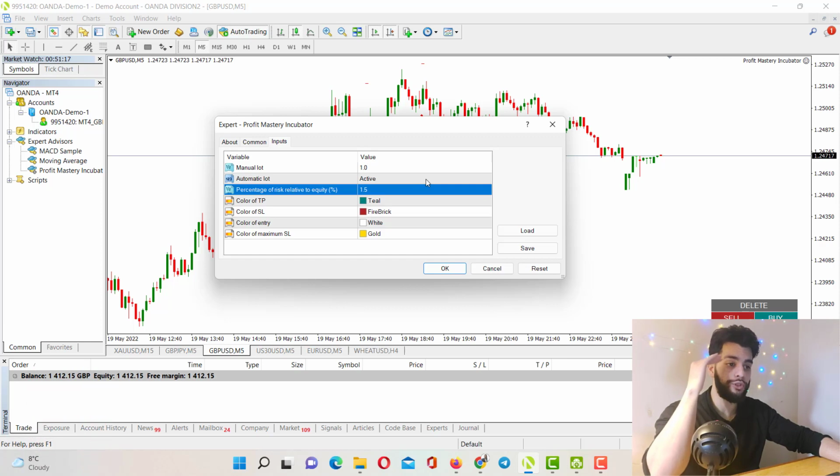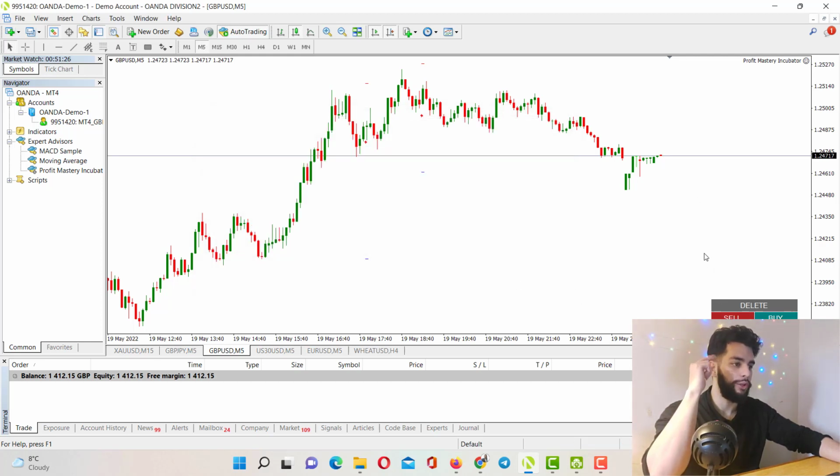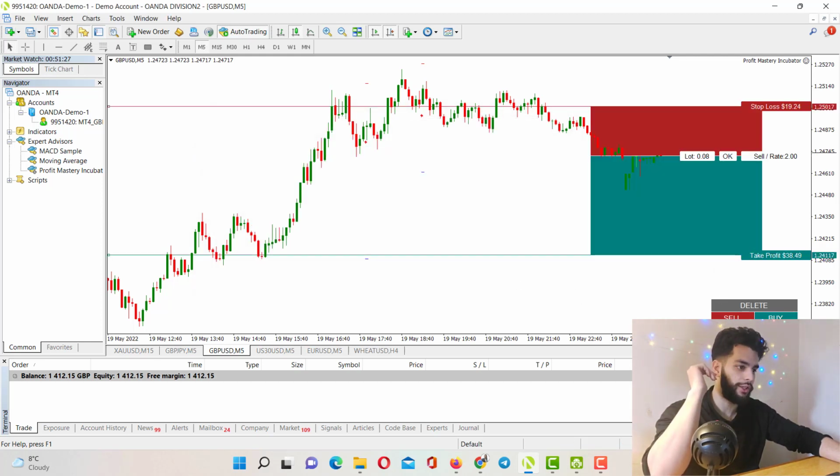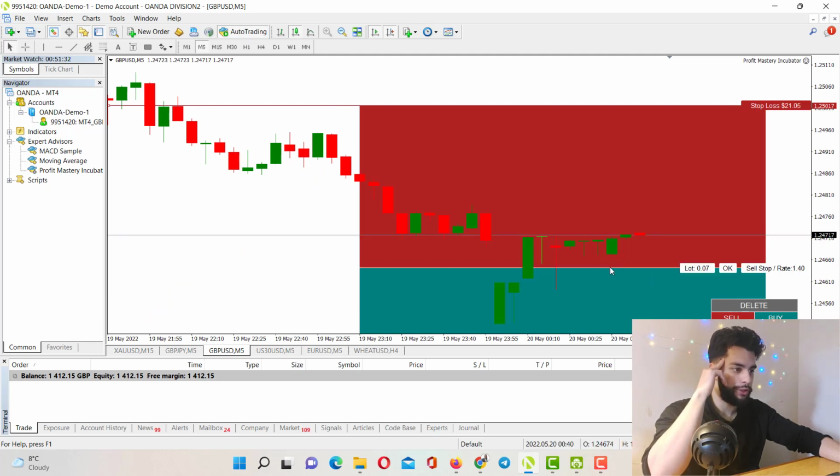So I want to risk 1.5%, not more than that, not less than that, and the automatic lot is activated. So if I press OK and I want to take a sell position, let's say I click sell, and then this is my entry point, this white line, and I want to put my stop loss here.